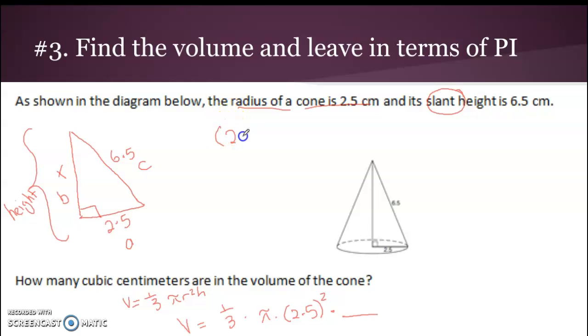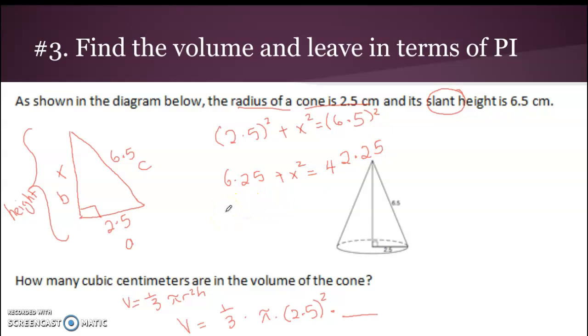So it becomes 2.5 squared plus x squared equals 6.5 squared. And then 2.5 squared is 6.25, plus x squared equals 6.5 squared, which is 42.25.